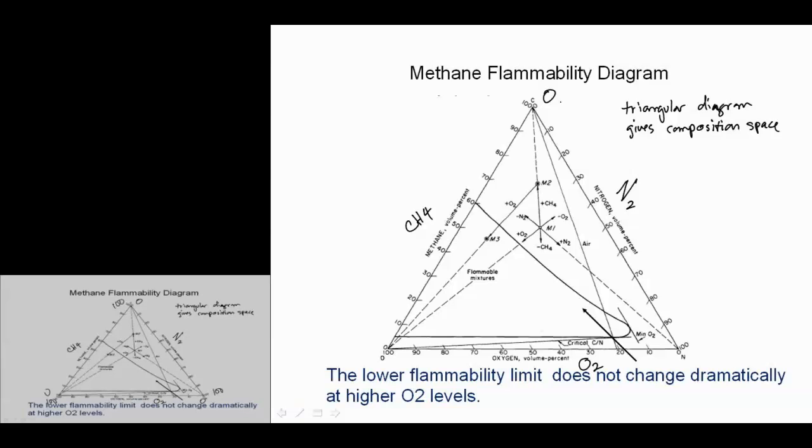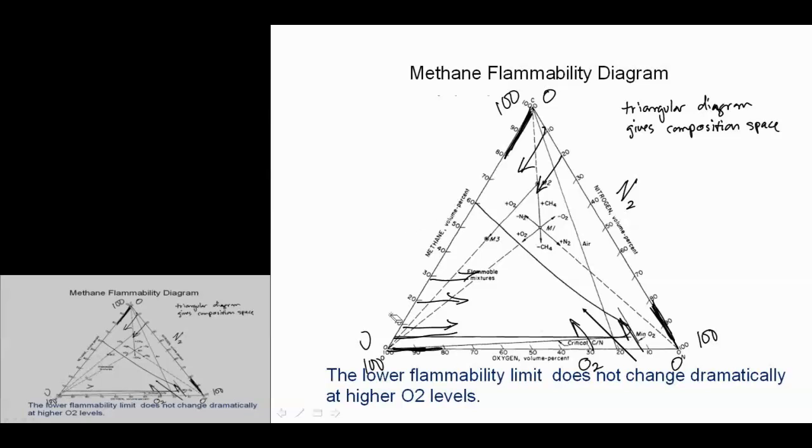So the methane is 0 here, so the methane is always 0 in this direction. Nitrogen is 0 here, so the nitrogen is always 0 parallel to its 0 line. Methane is 0 parallel to its 0 line. Oxygen is 0 parallel to its 0 line.